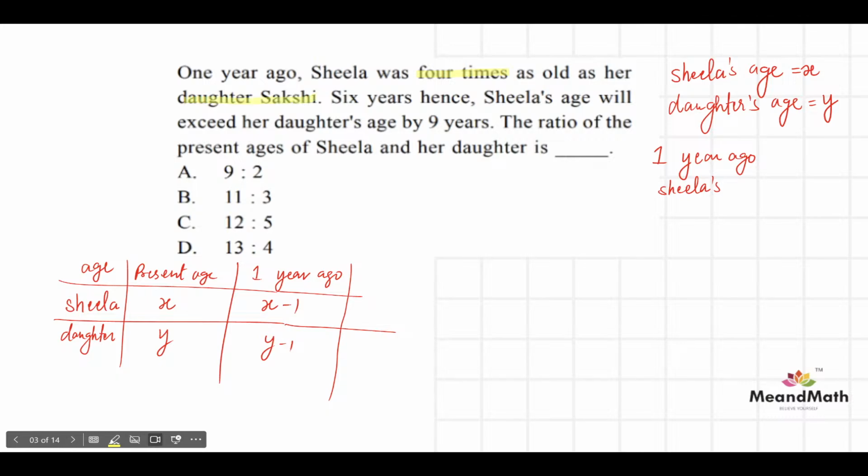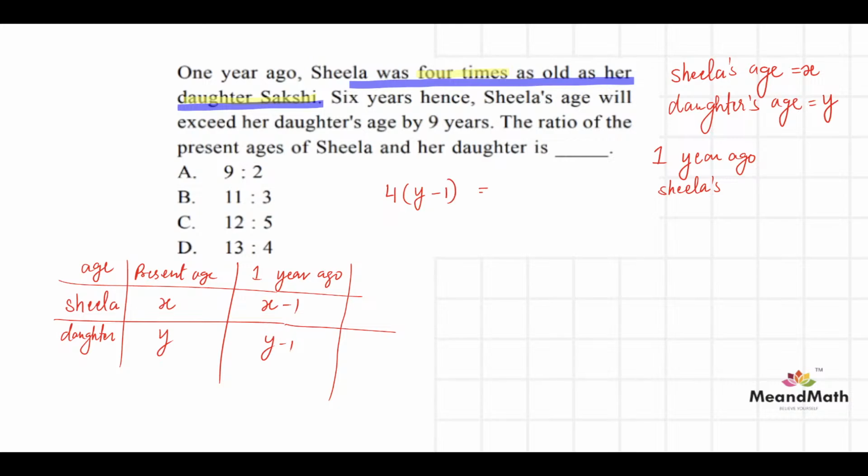So to make it equal, as per this instruction, if we make 4 times of daughter's age, it would be equal to Sheila's age, that is X minus 1.